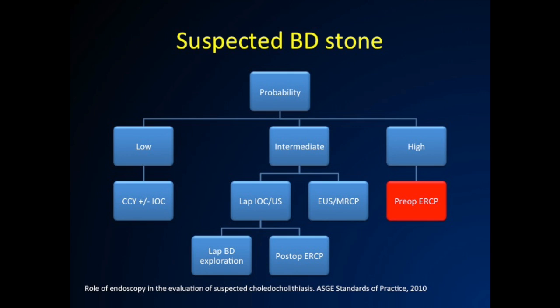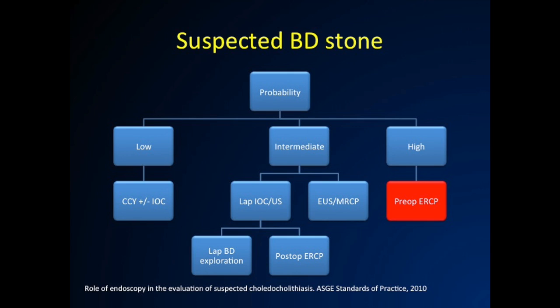If the probability is low, and I'll detail how the ASGE at least defines low probability, there's no reason really to put them through MRCP, endoscopic ultrasound. It's certainly reasonable to do a cholecystectomy, and one could argue not even doing an intraoperative cholangiogram, although with gallstone pancreatitis, they should.